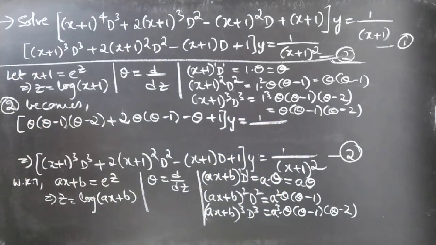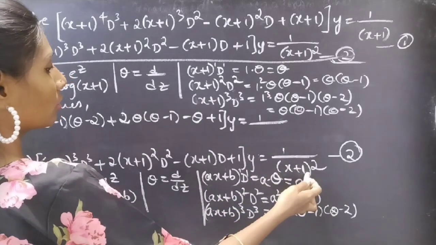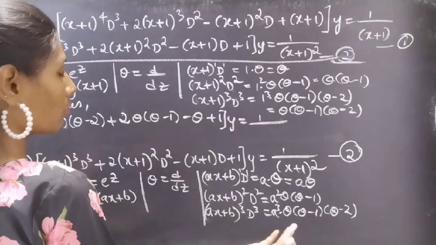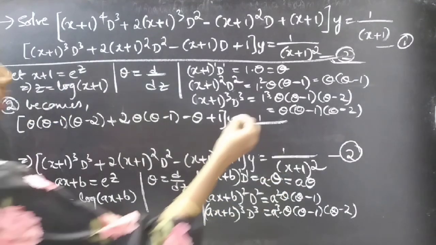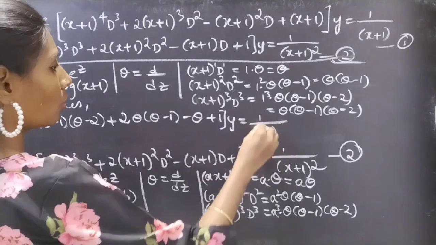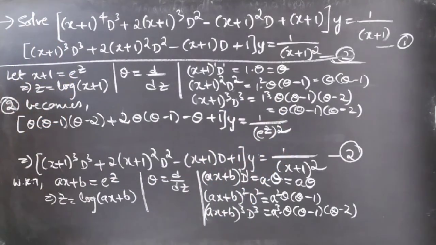Or you can write 1/(x+1)^2 as (x+1)^(-2), or just replace x+1 by e^z. You will get 1/(e^z)^2.